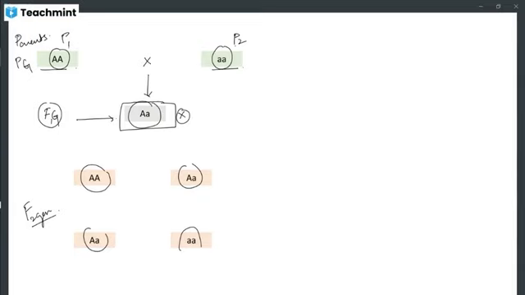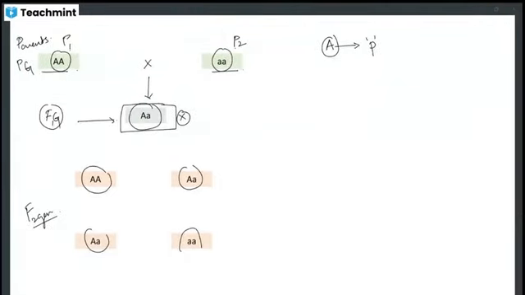So let us assume the frequency of the dominant allele, capital A, is P. Then what will be the genotypic frequency of parent 1? P square, which is nothing but the combination of two alleles.